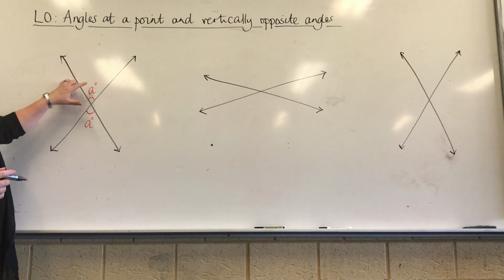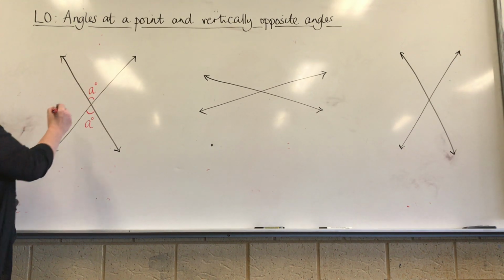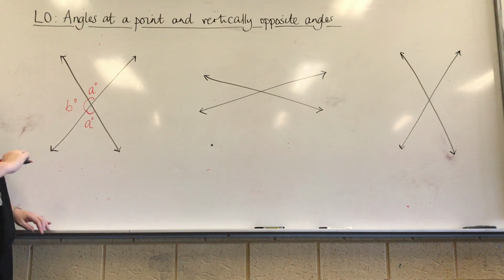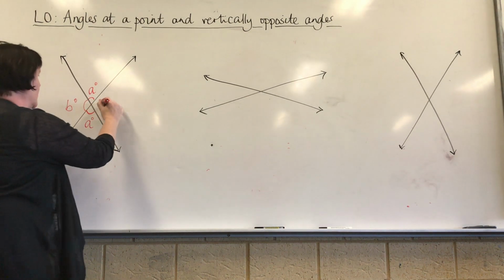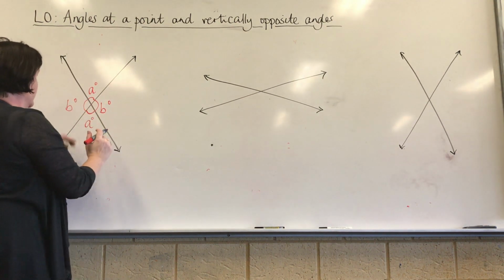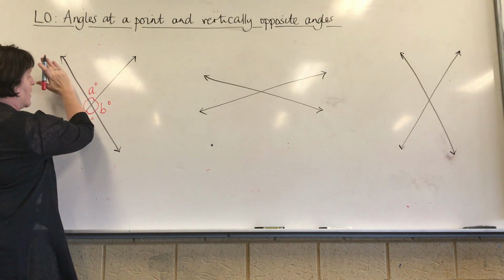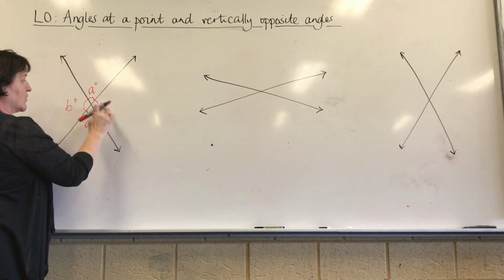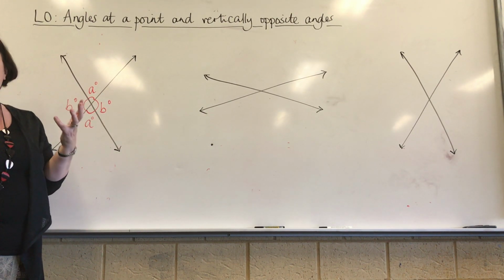Okay, so if these angles are equal, what can you tell me about these two angles? They're going to be equal also, because they are supplementary. If A is the same as that one, that angle has to be the same as that one, because they're both going to add up to 180.